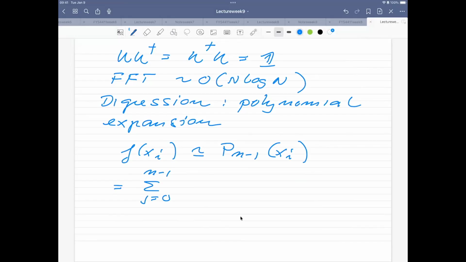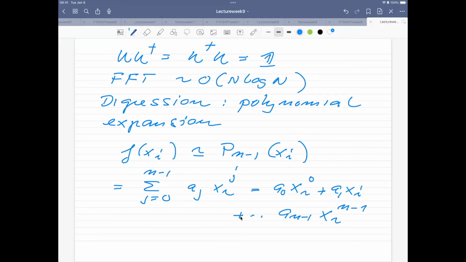So in that specific case, we have some unknown coefficients, which are multiplied with x to the power of j. This is equal to a0 x_i to the power of 0, plus a1 x_i, and this goes all the way up to a_{n-1} x_i to the power of n-1.